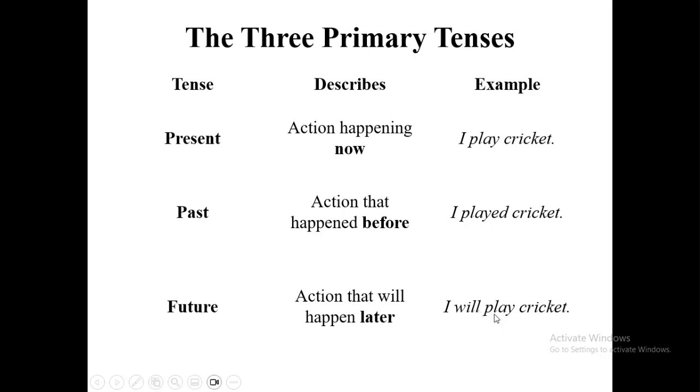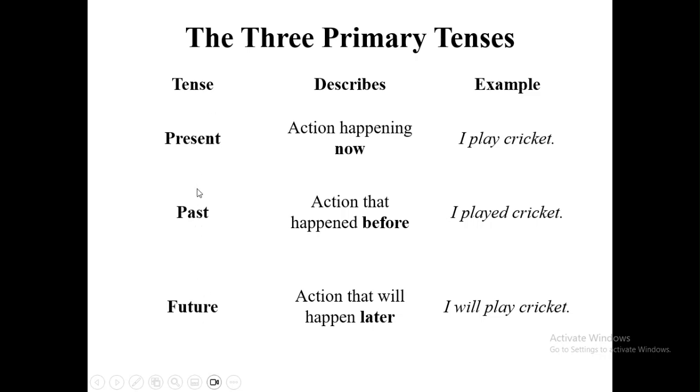Will play shows the futurity, the future actions. So these are the three primary basic tenses: present tense, past tense, and future tense.